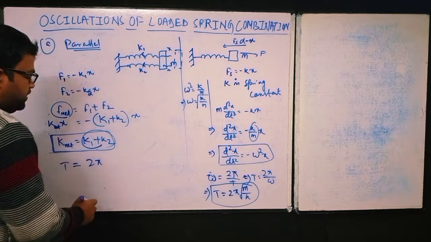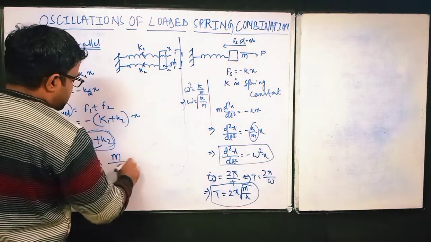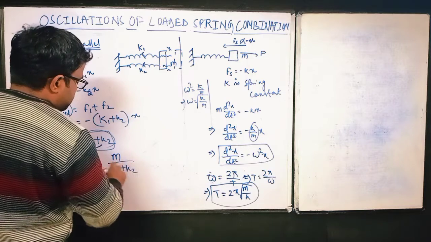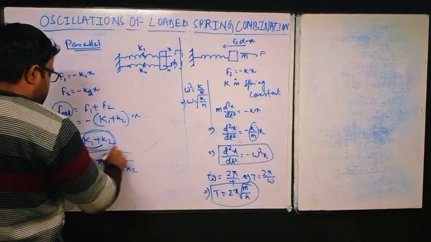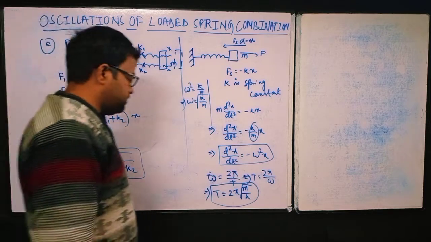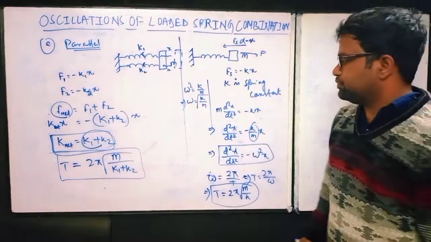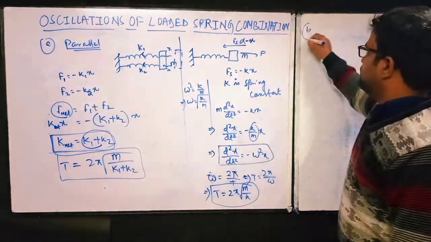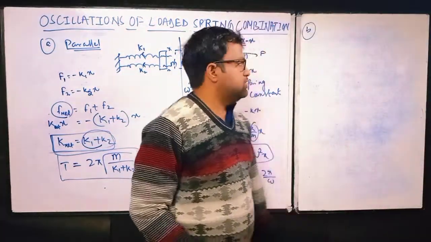The k will be modified, and the same mass is connected to both, so instead of only k, it will be T equals 2 pi root over m by (k1 plus k2). Fine. Now we'll discuss the case of series.